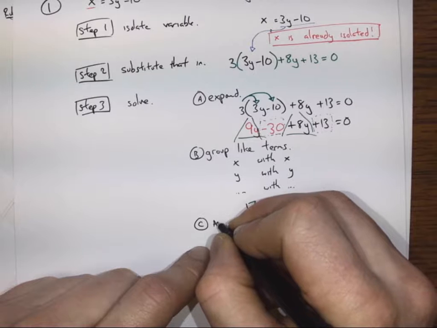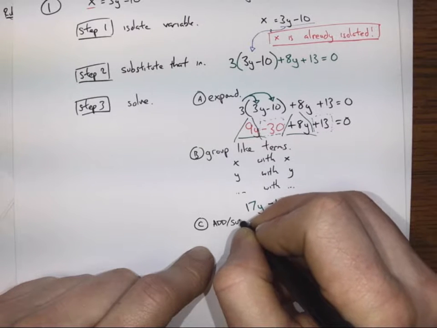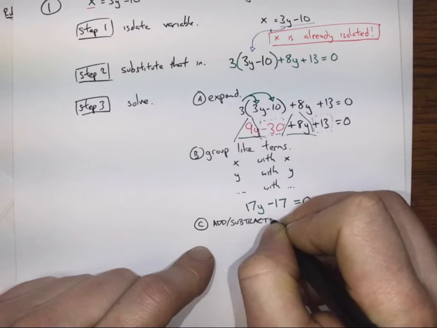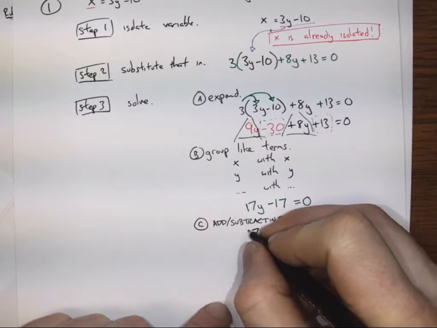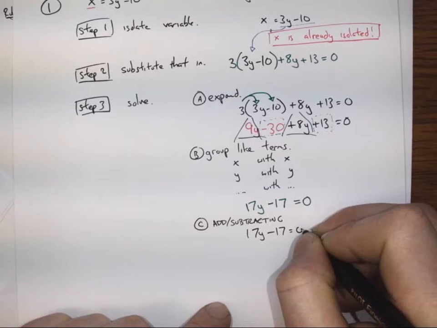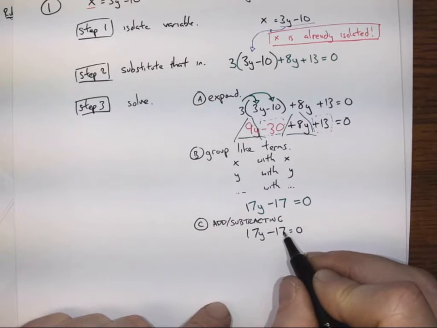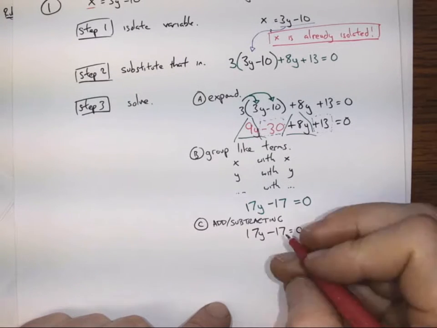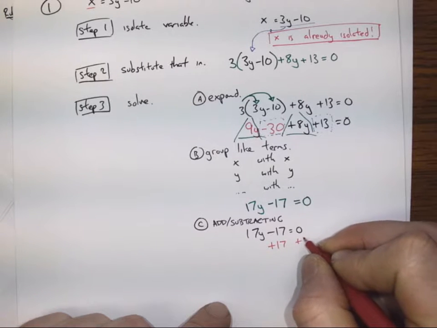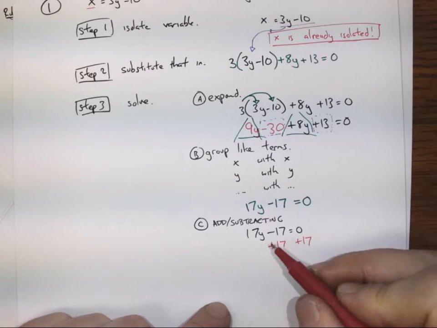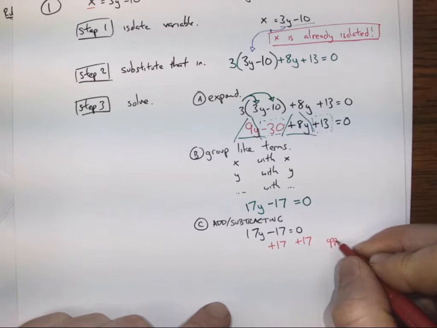So we'll deal with the adding and subtracting first. Okay. So I've got 17y minus 17 equals 0. So we'll get rid of the subtracting here. We're going to do that by doing the opposite step. We are going to add 17 to both sides. Adding 17 to both sides. That's the opposite operation.